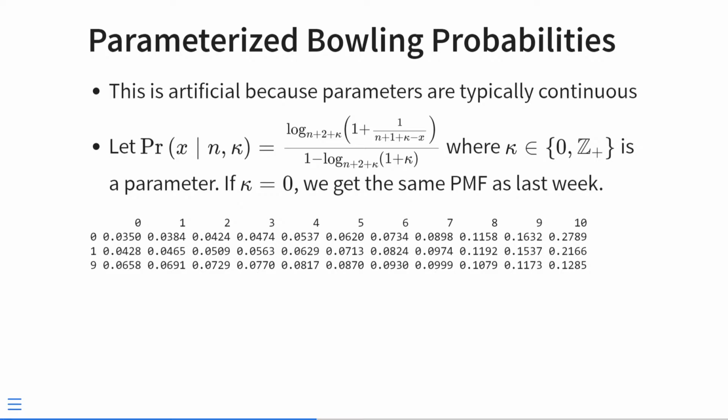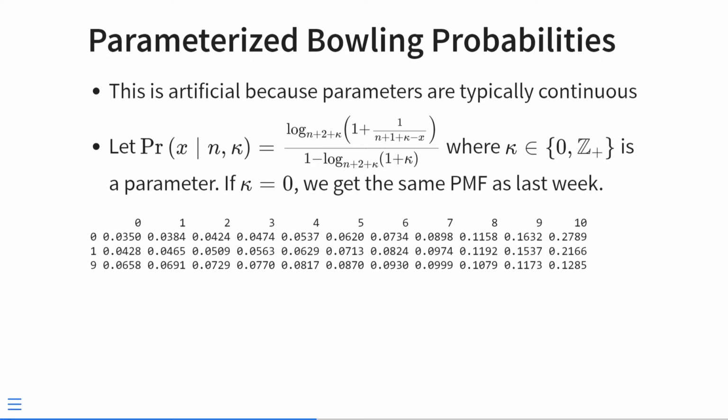So let's let the probability of knocking down x out of n pins also depend on an unknown parameter kappa, where kappa is a non-negative integer. The way in which our probability mass function changes is now we're taking the logarithm to base n plus 2 plus kappa. And in the denominator there we have n plus 1 plus kappa minus x.